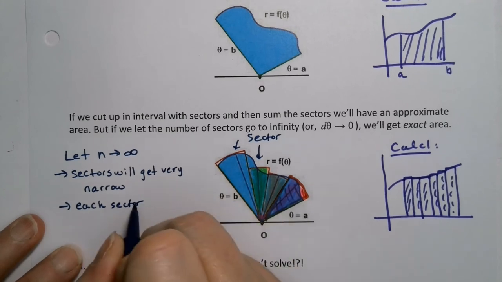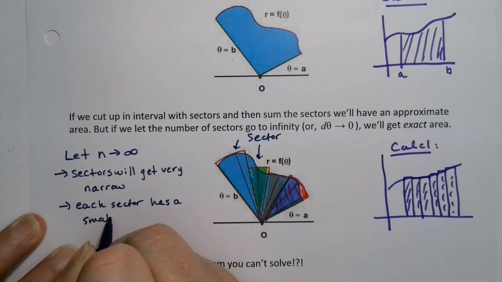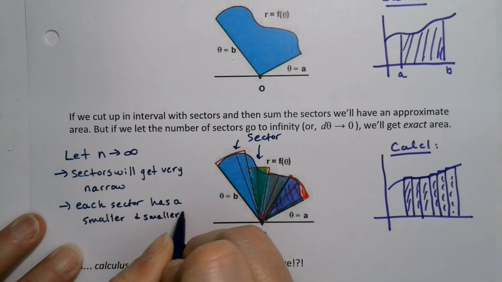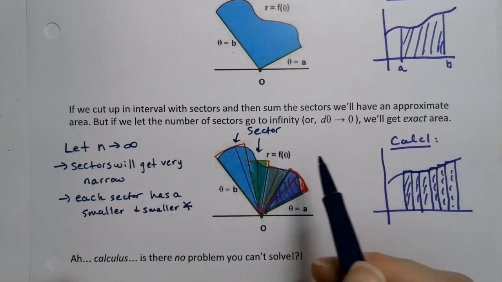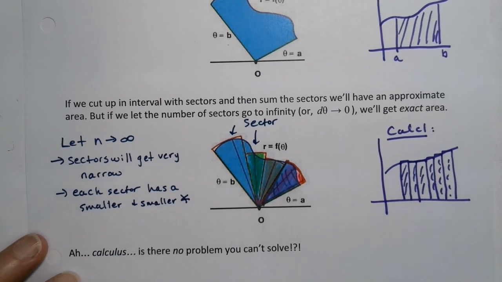So there's an angle down at the bottom. The sectors themselves will actually get very small, just like it does if you increase n here.